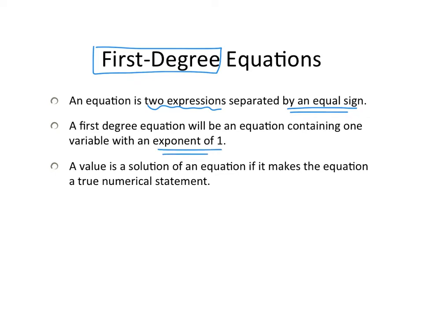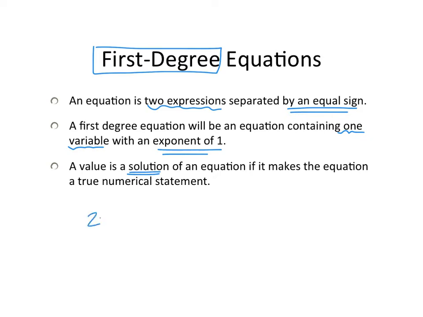One thing that's worth clarifying here is that when we say one variable, we mean either all x's or all y's or all b's or all c's, but not a mix of them. So if an equation has x's and y's in it, it's right away not a first degree equation. Okay? And a value that we're looking for many times is a solution. A solution to an equation is a value that makes it a true numerical statement.